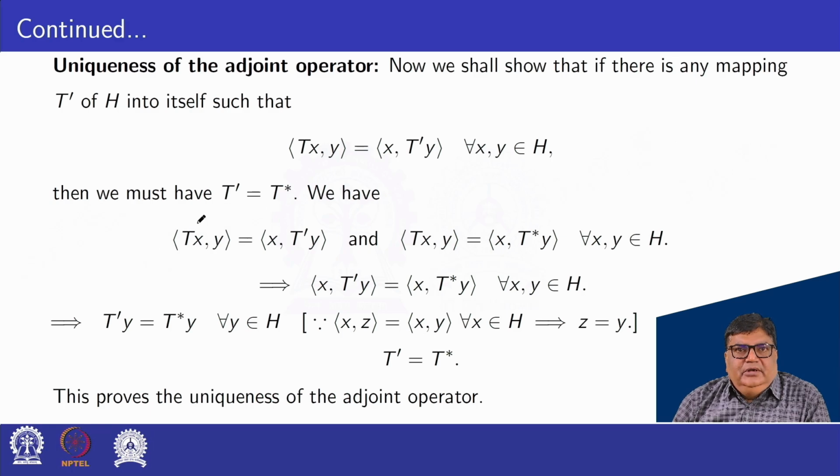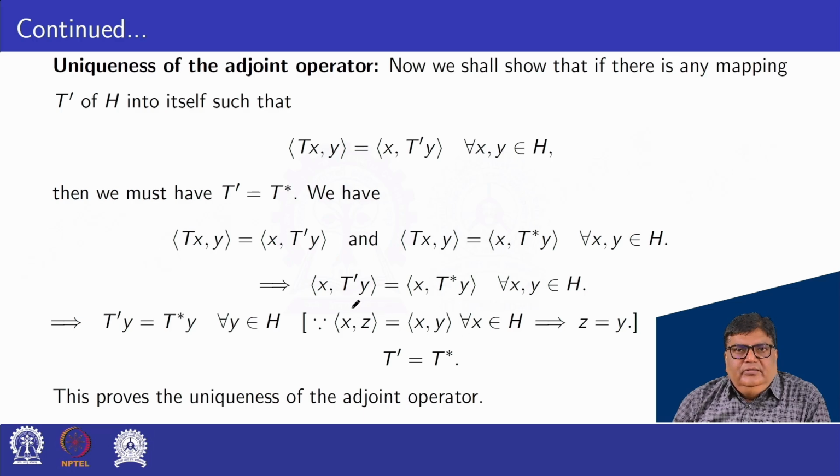We have the inner product of T x y equal to the inner product of x T dash y, and also the inner product of T x y equal to the inner product of x T star y.